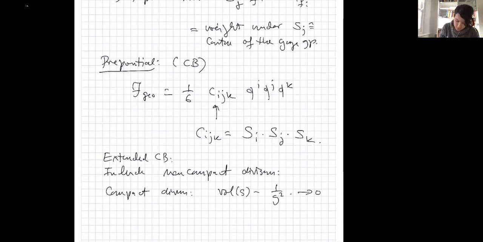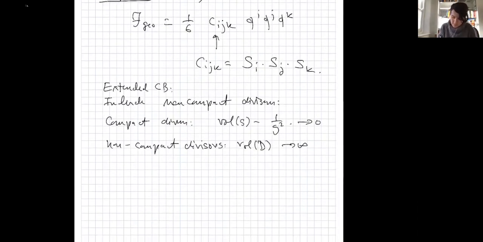For the non-compact divisors, we take the volume of these to infinity, and that means we've turned off the associated gauge coupling.